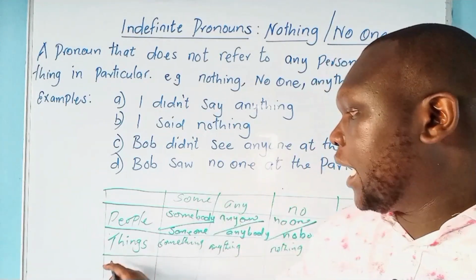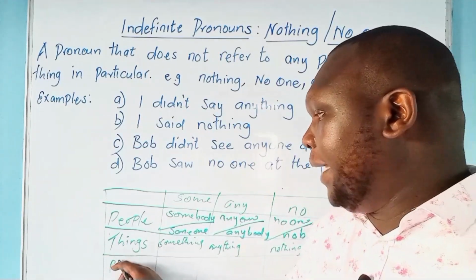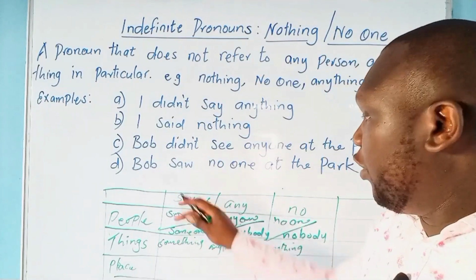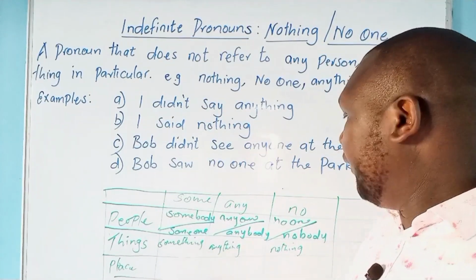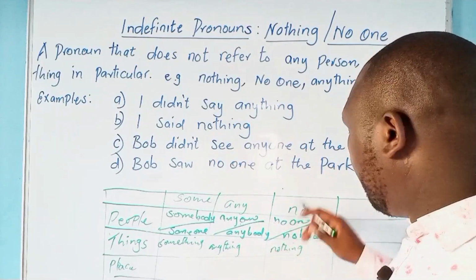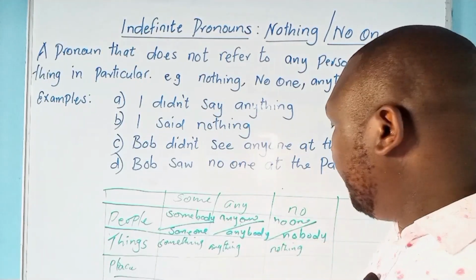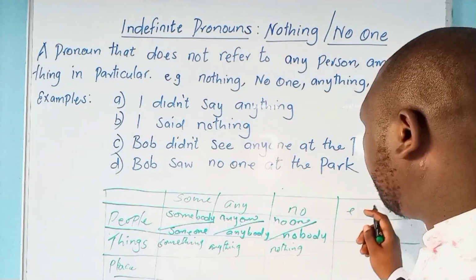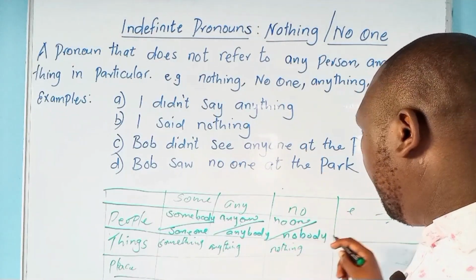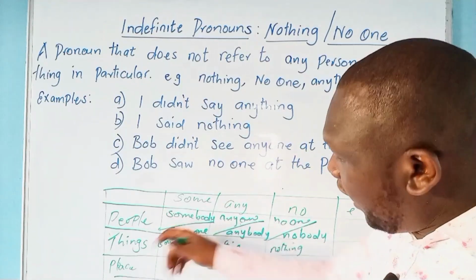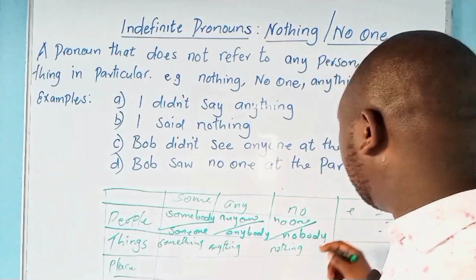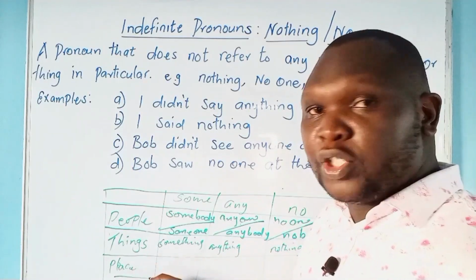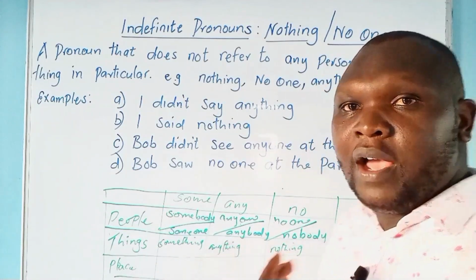You can as well come to place, and you're going to find out that we have somewhere, and then anywhere, and then nowhere. And again, if you add every, it will be everyone, everybody, and then for things, everything, and when it comes to place, it will be everywhere.